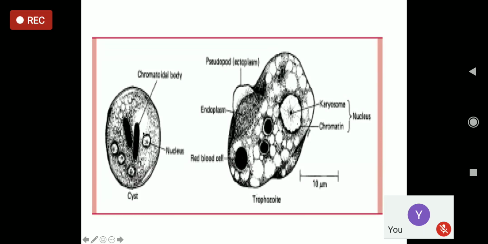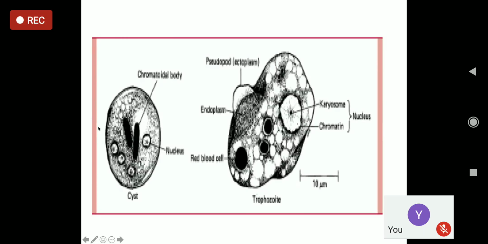So that means this cyst form is round. Its size is around 10 to 14 micrometer in diameter, and this cyst form can be demonstrated in the stool of the infected person. In case of watery diarrhea that happens in intestinal amoebiosis, or in the acute episode of diarrhea, in those conditions the trophozoite can also be seen.